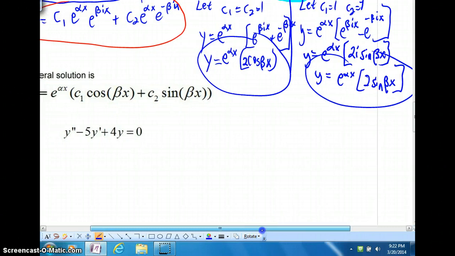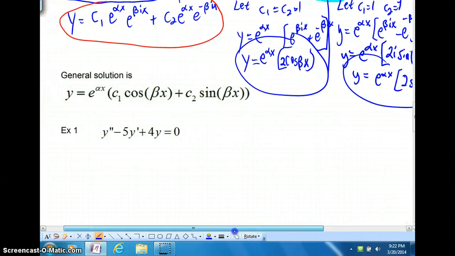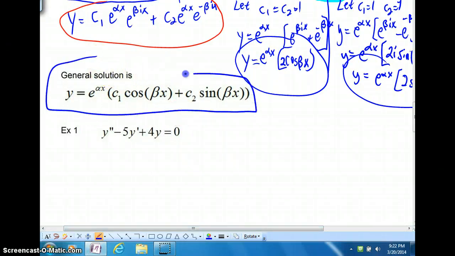You could show that a more general solution would be this right here. If you're ever worried about showing that those are linearly independent solutions, you could even use the Wronskian that we learned earlier in the unit to confirm that. But that would be a general solution when we have the imaginary discriminant.